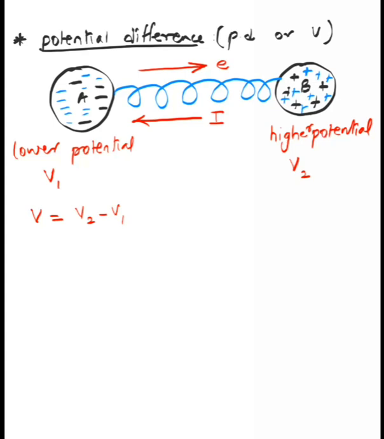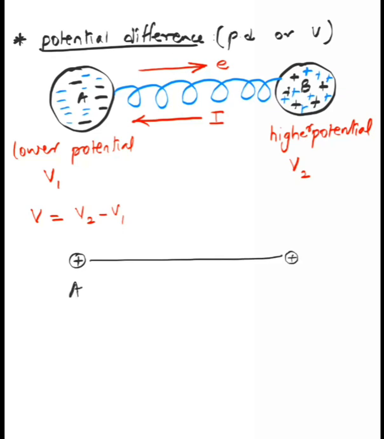That's not the definition, but how do they define potential difference? They say potential difference is the work done in moving a unit positive charge from one point to another point.